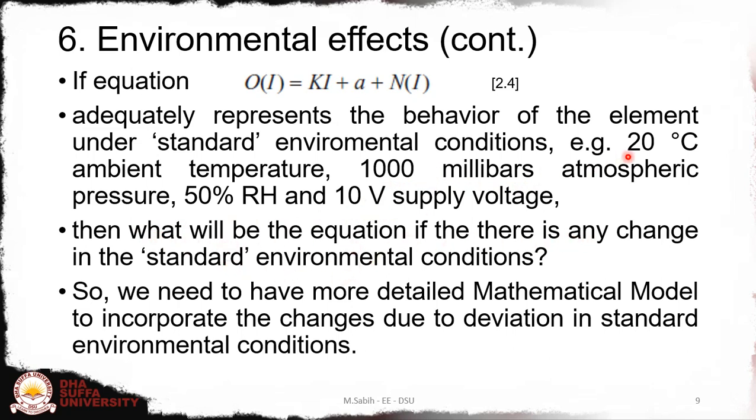For example, the 20 degrees changes to, let's say, 30 degrees centigrade, and the supply voltage fluctuates to, let's say, 9 volts or 11 or 12 volts.